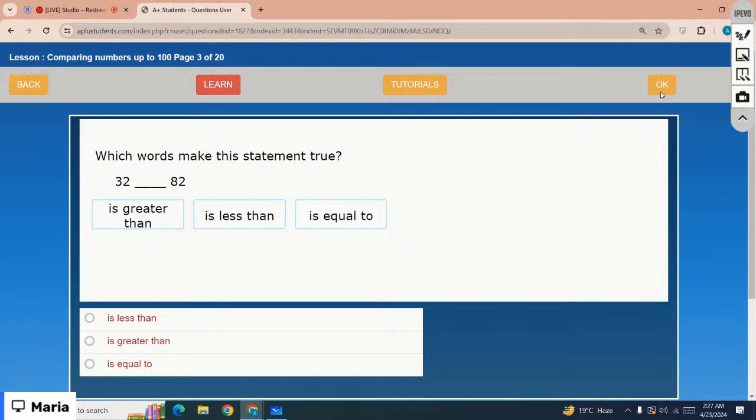Because when you count, 32 comes before 82, so 32 is less than 82.